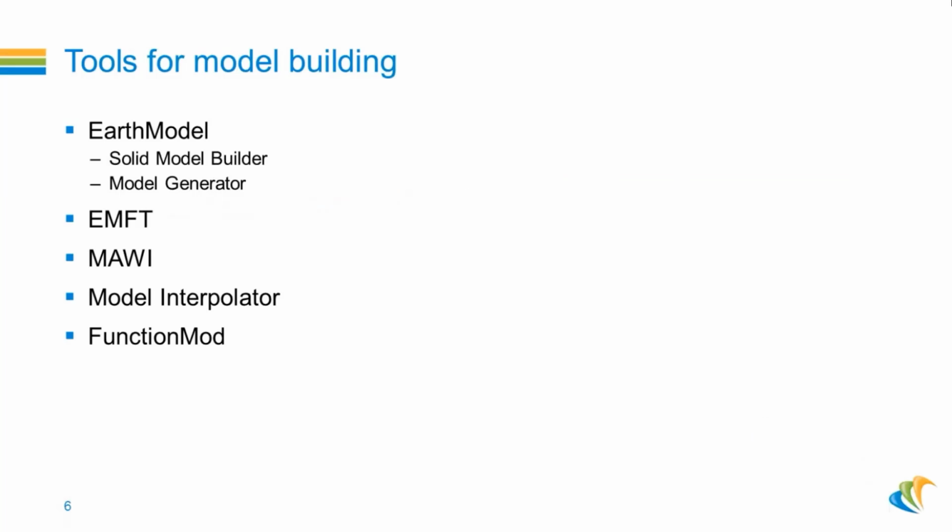So the tools for model building in Jason, which I'll talk about in the next couple of slides, are our Earth Model Builder. It comes in two parts: a solid model builder and a solid model generator. The solid model builder just builds the framework, and the model generator actually fills volumes of data which you can use in the further processes.